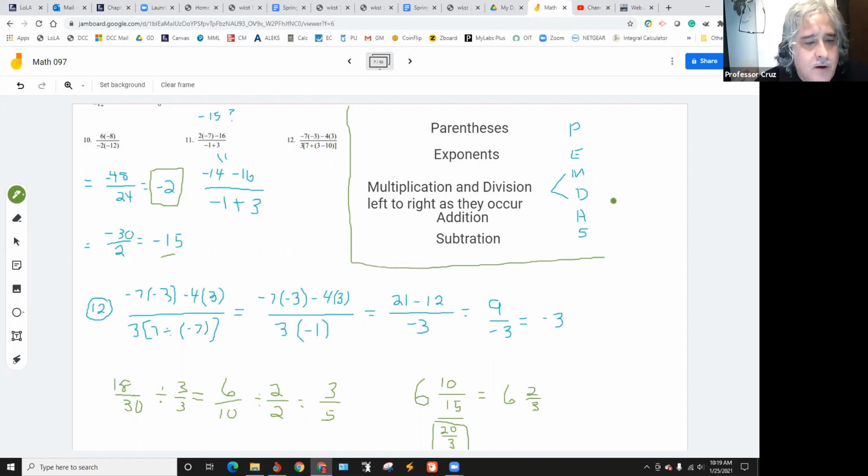Left to right as they occur. All right, they're not separate operations. And that's the only drawback of using this. So as long as you're just using it as a memory tool, no big deal. Just correct it for that instance, okay?